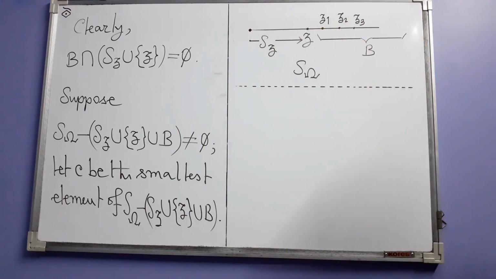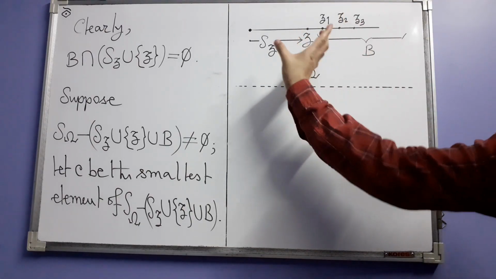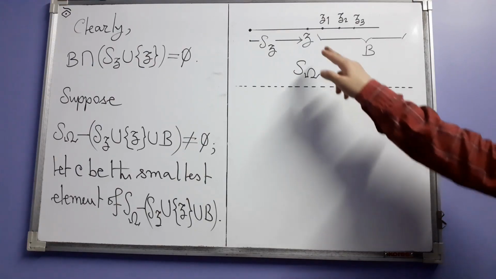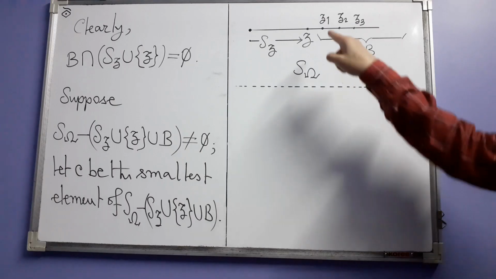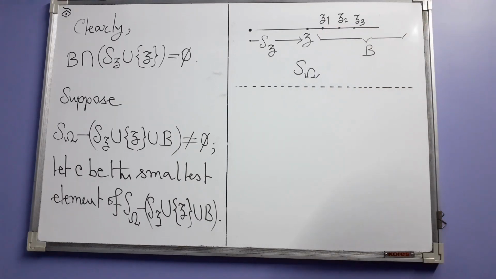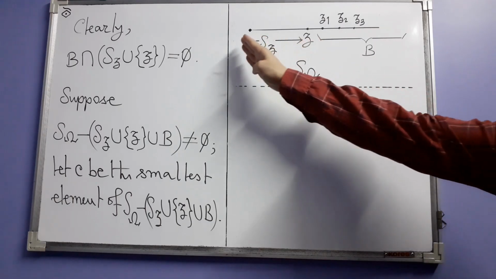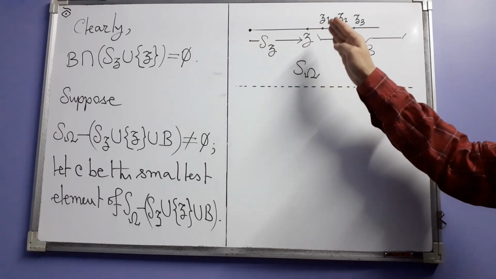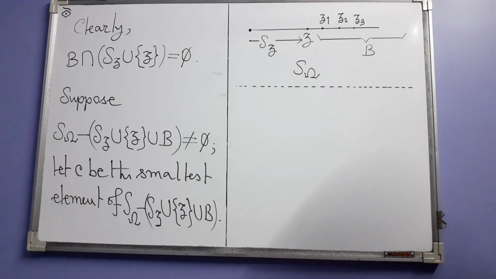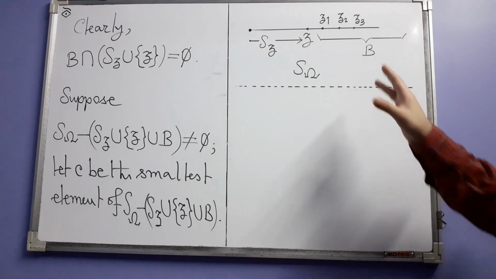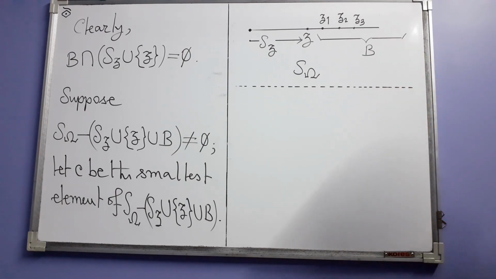Z is there somewhere, and the section of S omega by Z is this, S_Z. And the successive successors that we get starting from Z, which are these. So the claim is that besides S_Z, Z, and these elements in B, there is nothing else in S omega. At once it seems like this is natural, I mean it should be true.